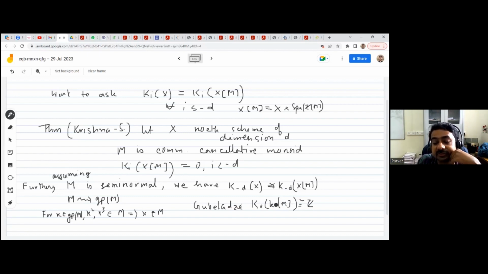It is not just stably free, it is actually free. Okay, and then there is a contribution due to Swan also. So Swan actually generalized. He proved that K_0 of R is isomorphic to K_0 of R[M] when R is regular. Swan also generalized it with the idea of Gubeladze, based on the work of Gubeladze.